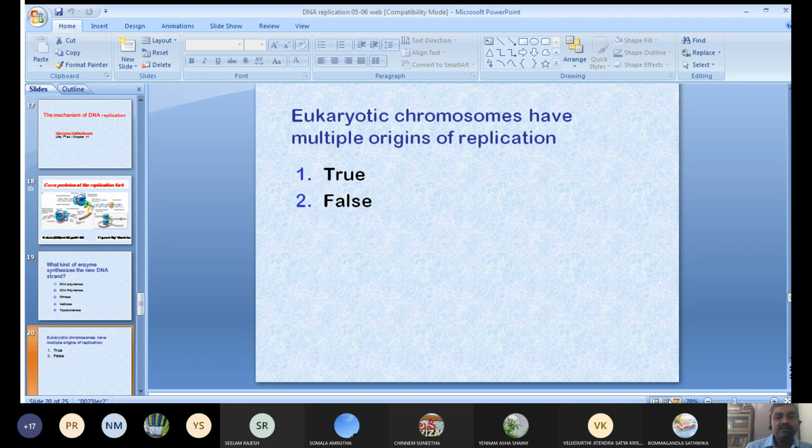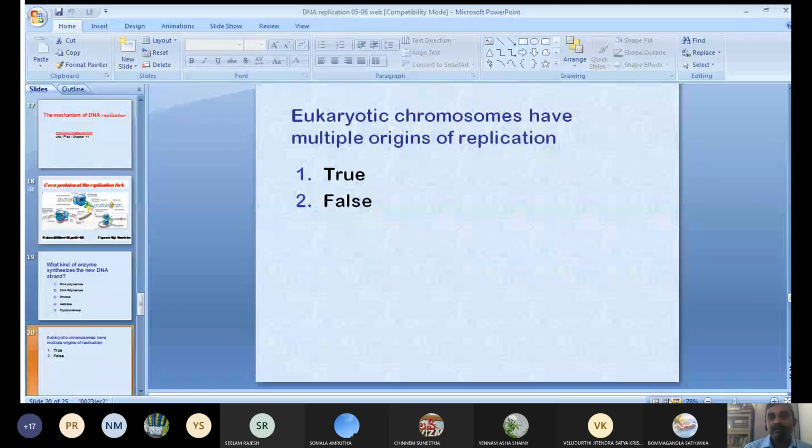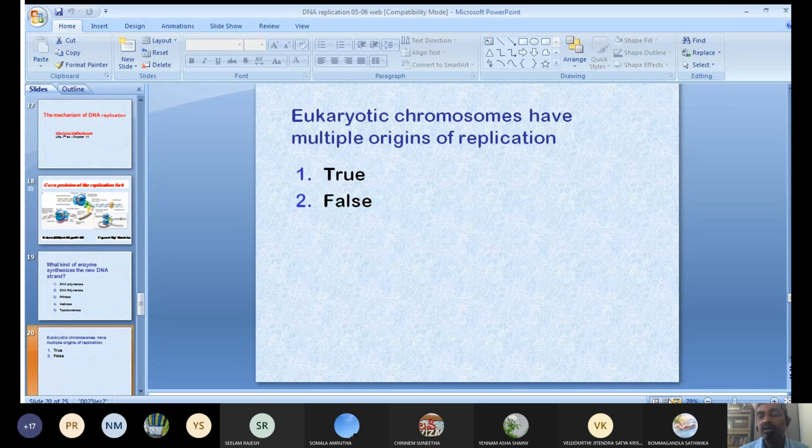This is the last slide I am going to tell you today. Can you tell me, do eukaryotic chromosomes have multiple origins, or only a single origin?